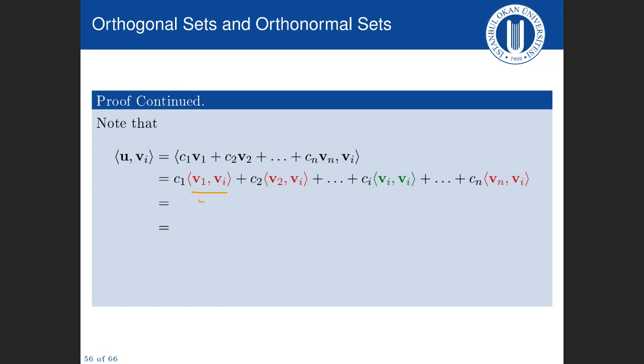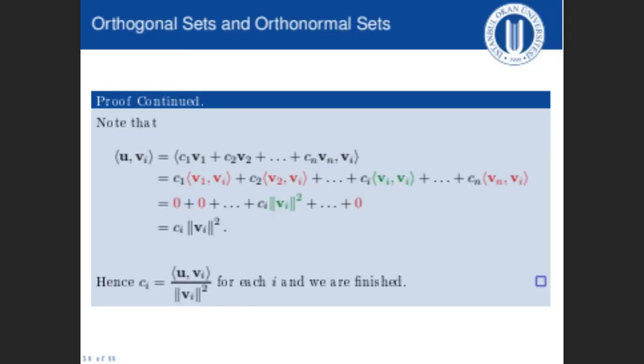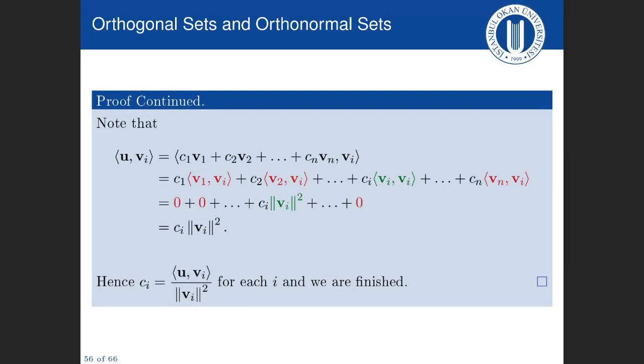So this must be 0. Likewise, as long as i is not 2, V2 and Vi are orthogonal vectors. So this must also equal 0. All of these red terms are equal to 0. We're going to get 0 plus 0 plus 0 plus 0 plus 0 plus Ci times the norm of Vi squared plus 0 plus 0 plus 0 plus 0. But that's exactly what we want. Divide both sides by the norm of Vi squared, and we get the formula that we wanted, and we've finished the proof.